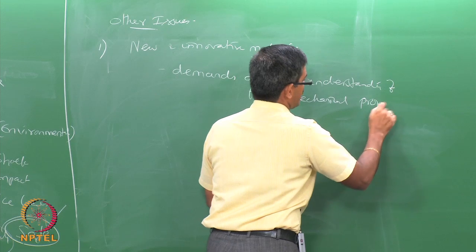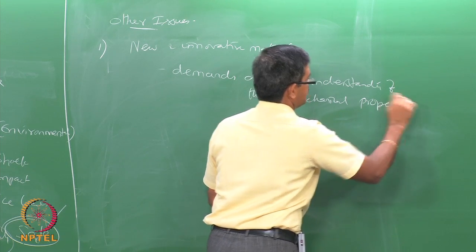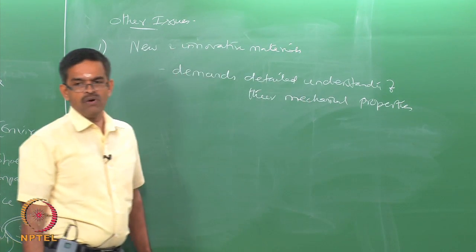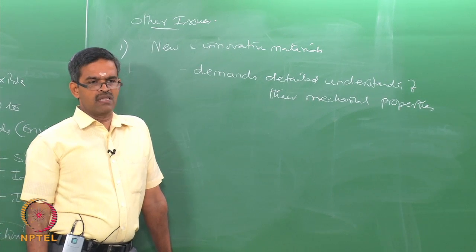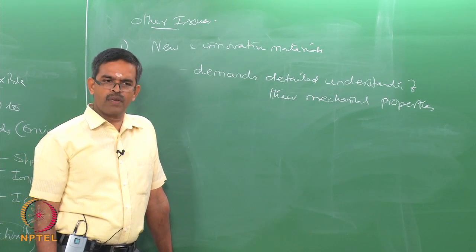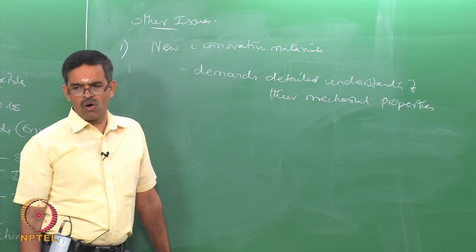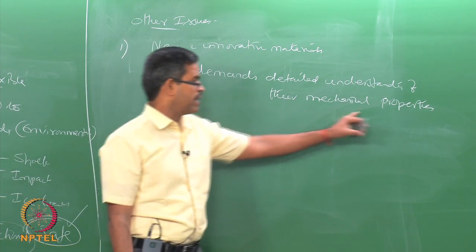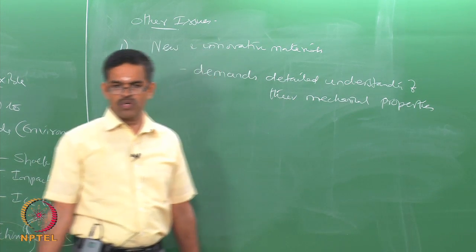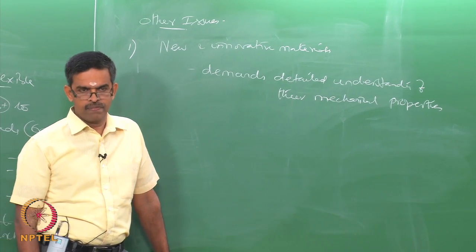The moment I say detailed understanding of their properties, as we all know, we have been studying steel and concrete as very common construction materials for which more or less almost all characterization of material properties are known to us through laboratory experiments.